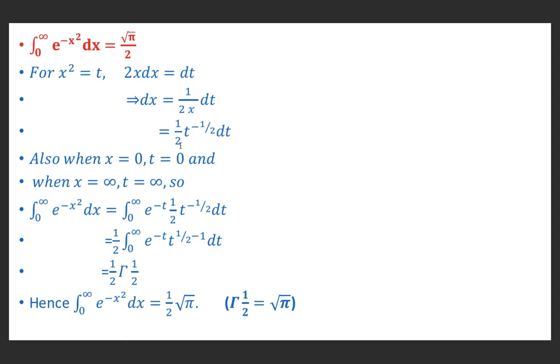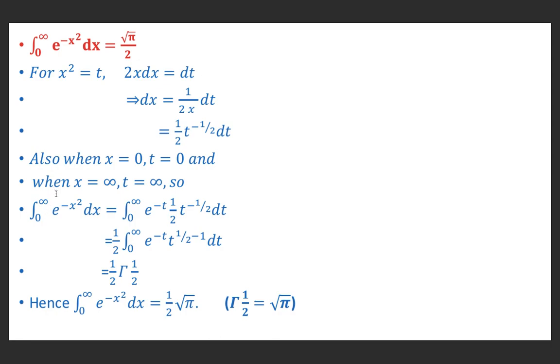So 1 upon 2, because x is in the denominator, shifted to numerator, t raised to power minus half dt. Limits are from 0 to infinity. If x equal to 0, then t is 0. If x is infinity, then t is infinity, because x square is t and x is under root t.